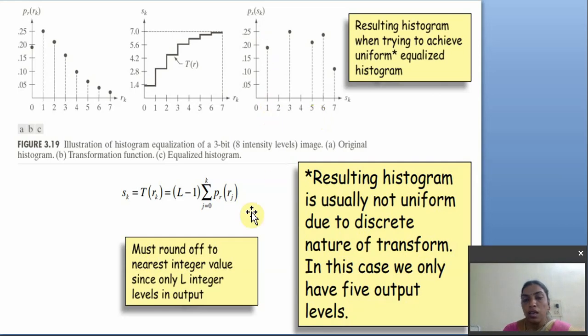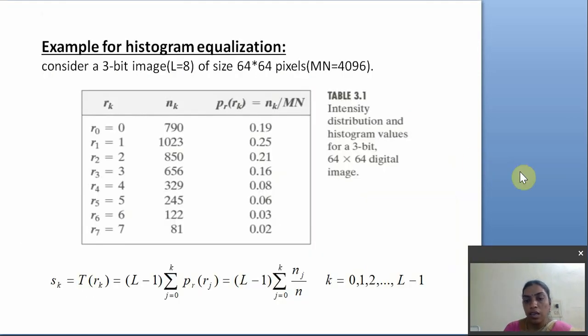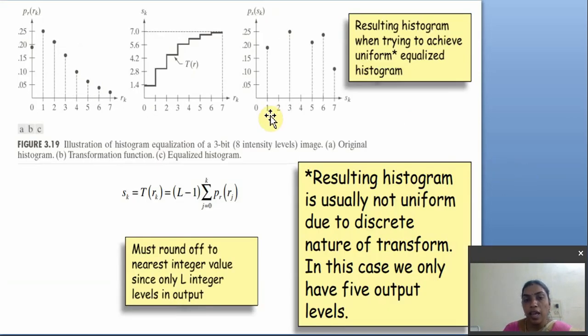Now from this particular table, put all the PS of SK values in the graph: 1 intensity, 3 intensity, 5 intensity, 6 intensity, 7 intensity. That gives the equalized histogram, or enhanced image histogram.